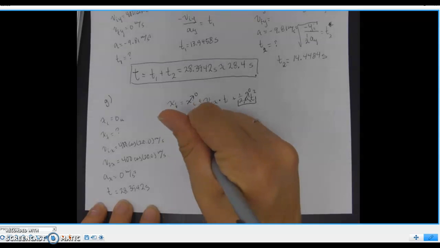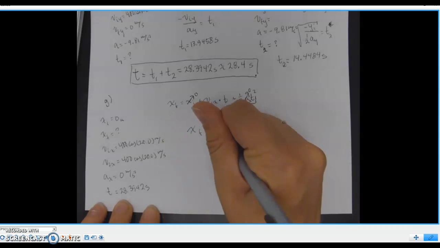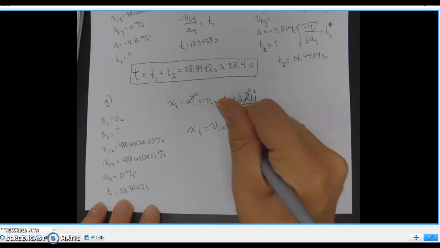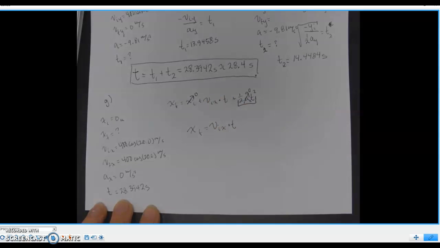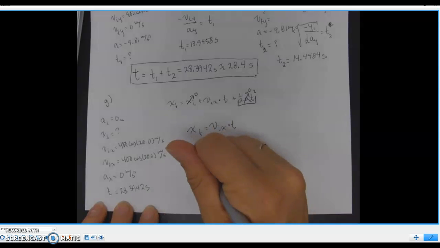So what I'm left with is x final is equal to velocity initial in the x direction multiplied by that time total. So we just have that 400 cosine 20 multiplied by that time total, and that will tell me how far it went in the x direction.